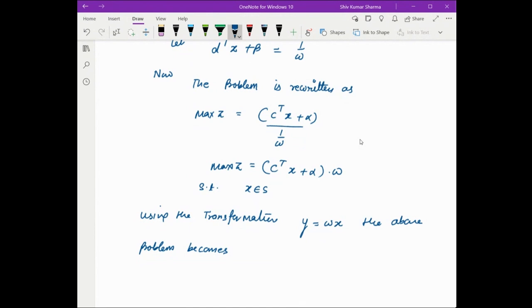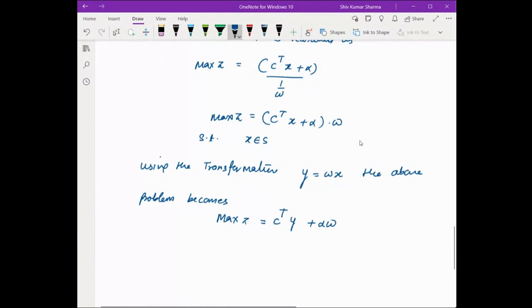So the problem can be written as maximum of z equal to C transpose omega x, replacing omega x as y, plus alpha omega, and subject to constraints we write it in this form, Ay minus b omega equal to 0.